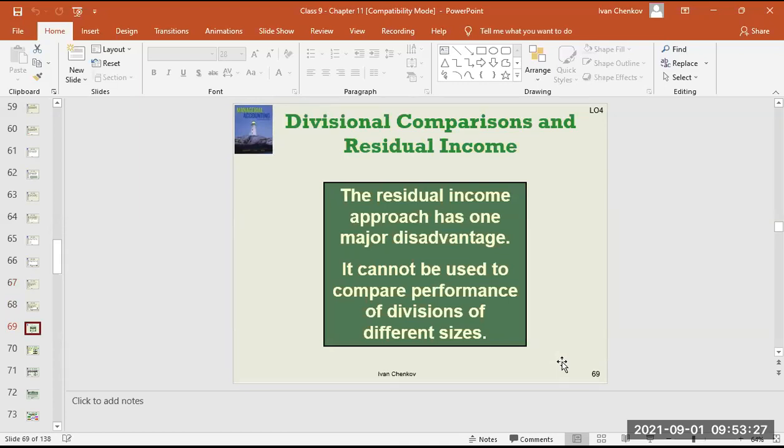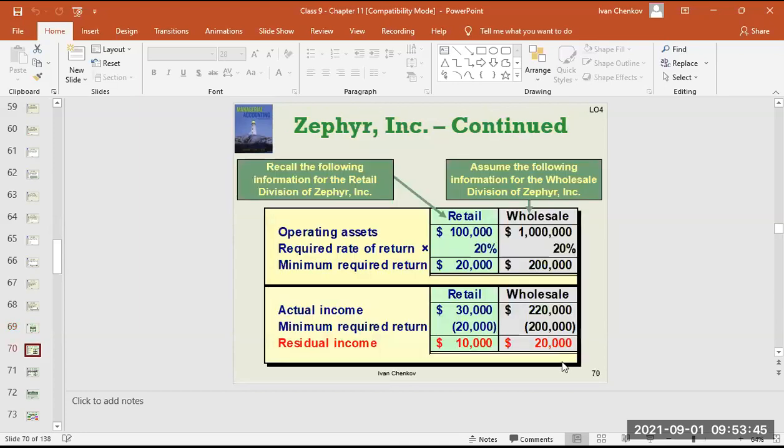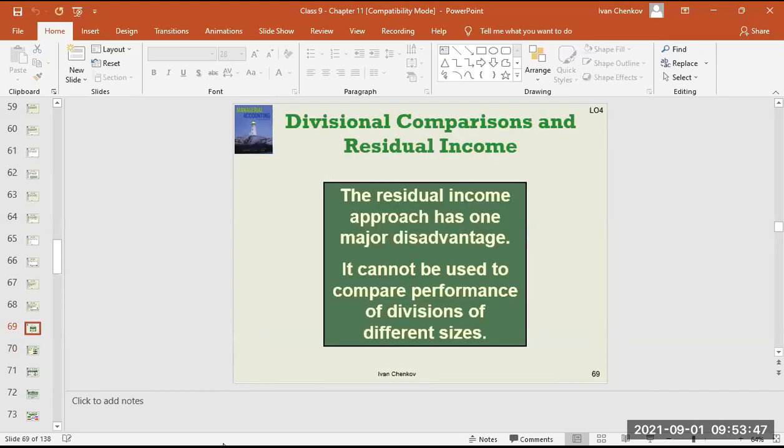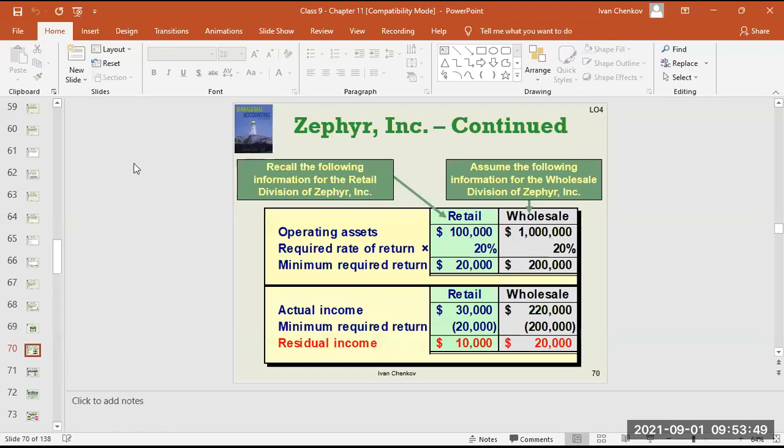Divisional comparison and residual income. The residual income approach has one major disadvantage: it cannot be used to compare the performance of divisions of different sizes. Example: this company has two divisions.